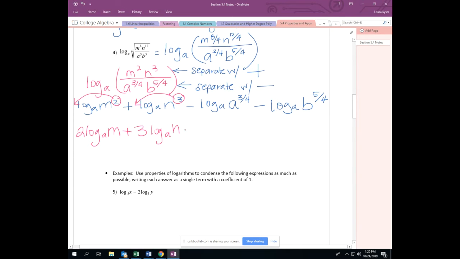This one follows a special rule, and it just so happens that the base of the log and the base of the exponent match. And remember, when that happens, all of it cancels, and the only thing that's left is the power. So this piece is only going to have a 3/4.